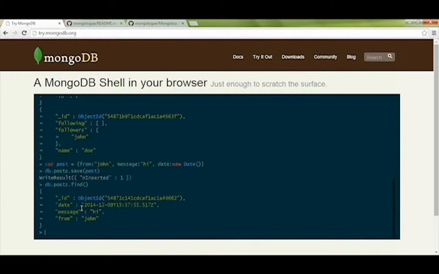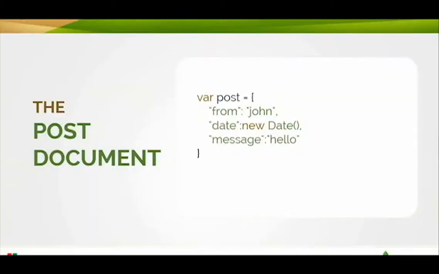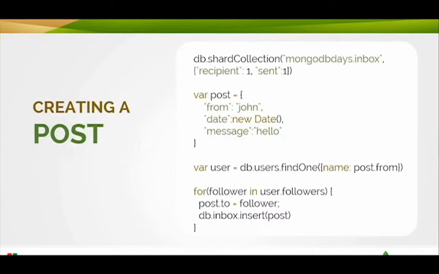So we can now see that the post is created, and it's created on this particular date. We have the timestamp there, we have the date and the time, and we also see the message and who has created the post. So we've just created a post now.